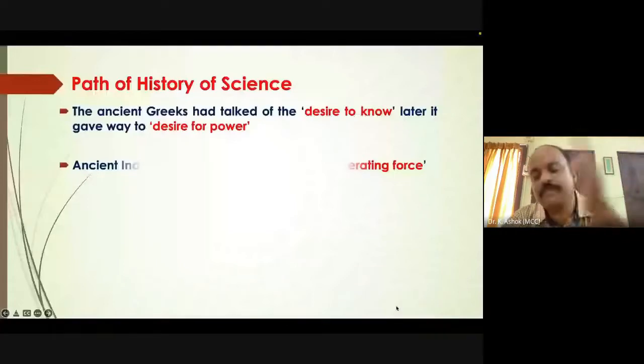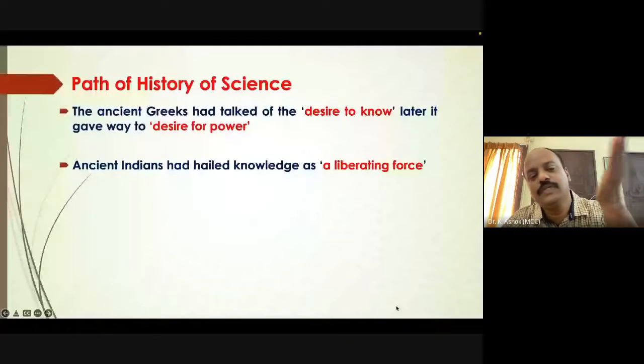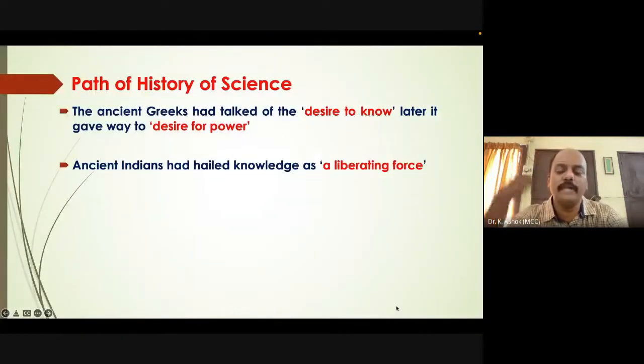So there is a shift from desire to know to desire for power. Whereas ancient Indians claimed science as a liberating force. If you know more and more, you can liberate yourselves from the external world. So for ancient Indians, science was hailed as a liberating force.